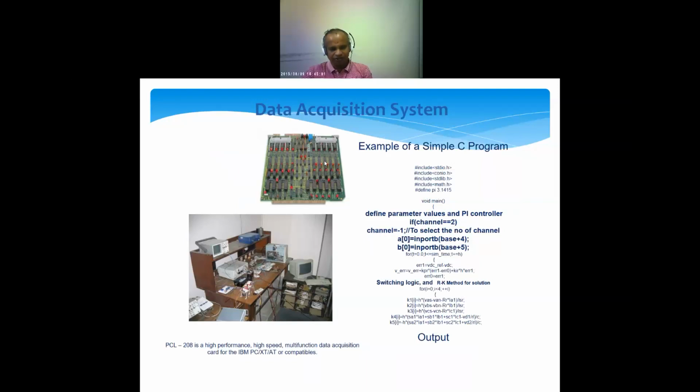You see, this is like when we first used to get a data acquisition board like this. This is a PCL 208 board, and we used to connect this board here.